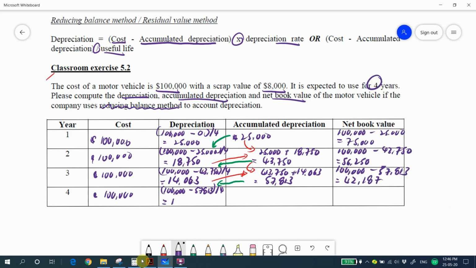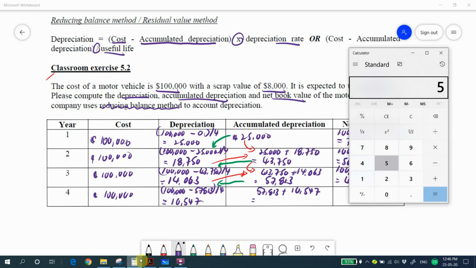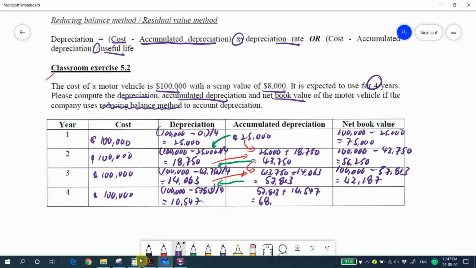That gives $10,547. And for accumulated depreciation up to the end of year 4, 57,813 plus 10,547 is $68,360.